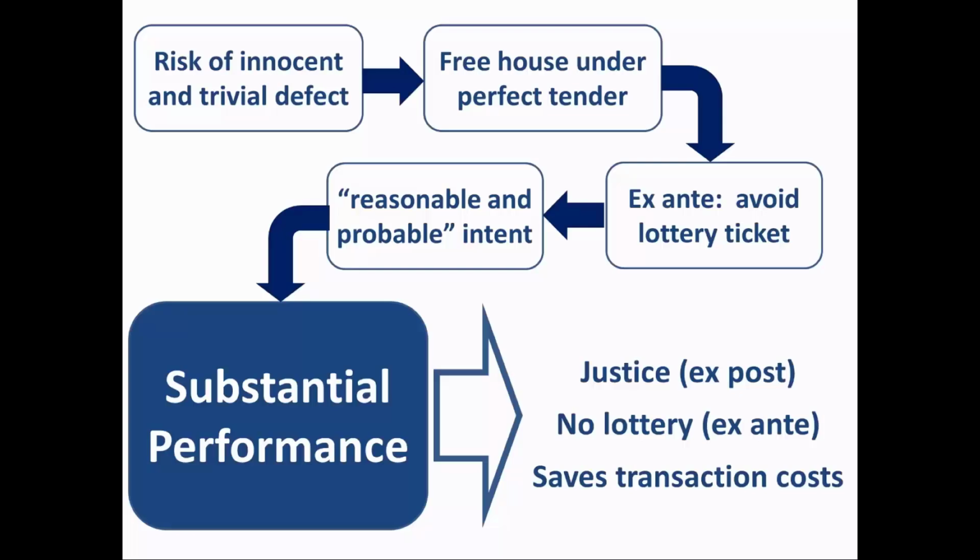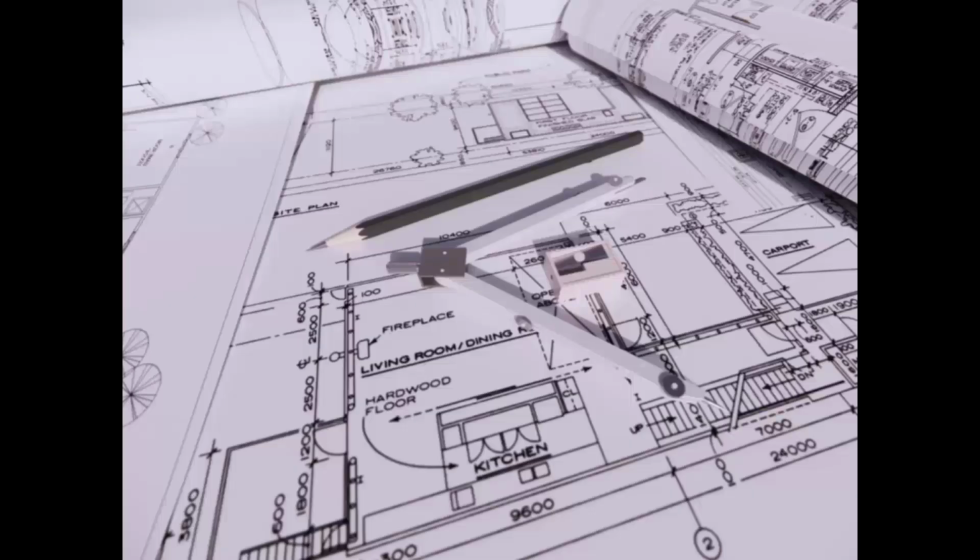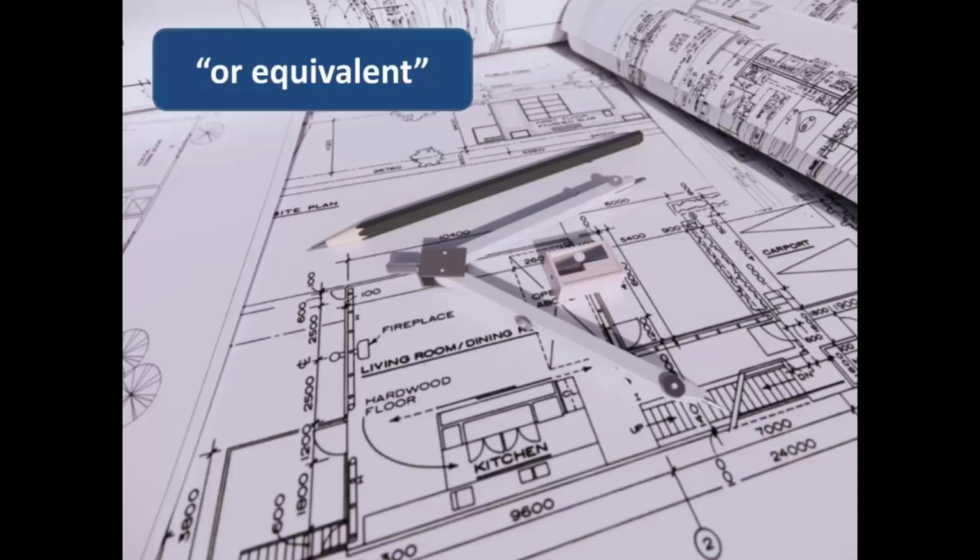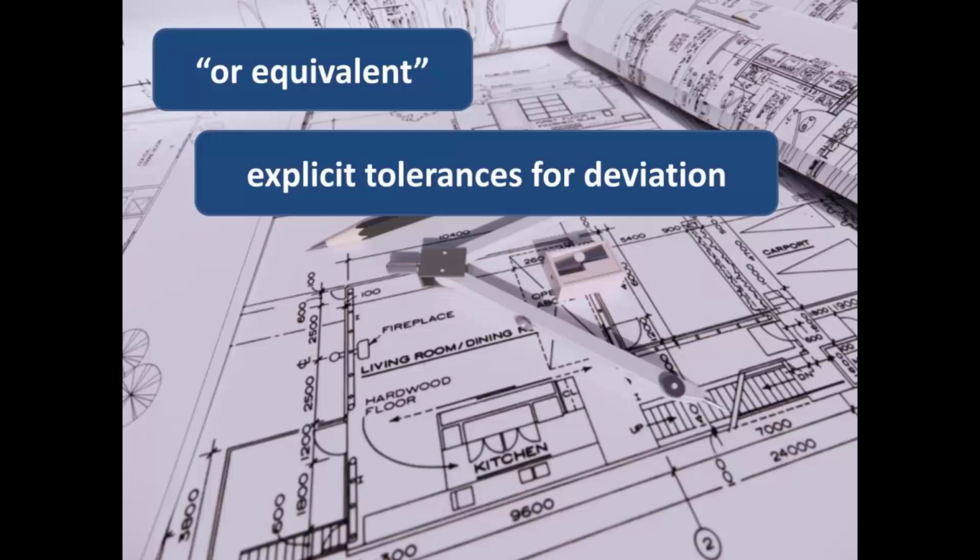Against the background of this default rule, parties to construction contracts have worked out a careful set of compromises to balance competing incentives. To deal with opportunism on the part of contractors, specifications typically provide explicitly for the substitution of equivalent materials. They also include reasonable allowances or tolerances for deviation in the placement of walls and fixtures and so on.